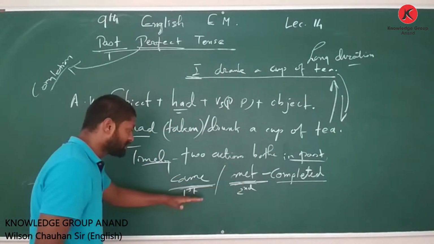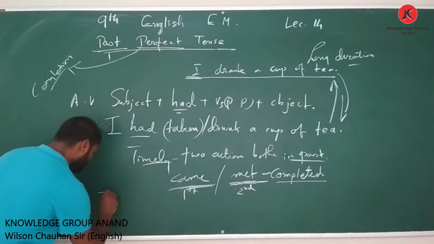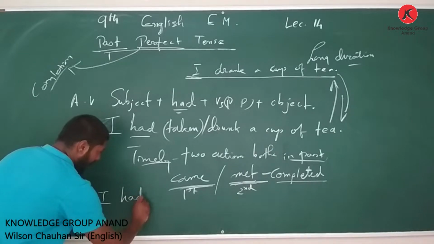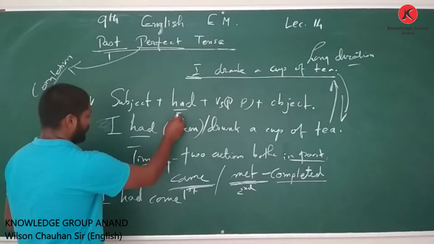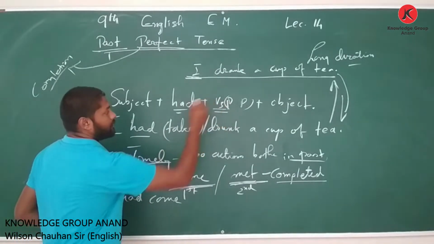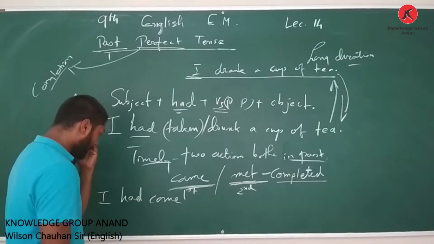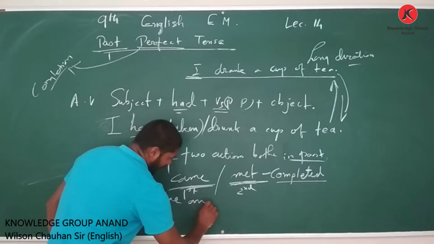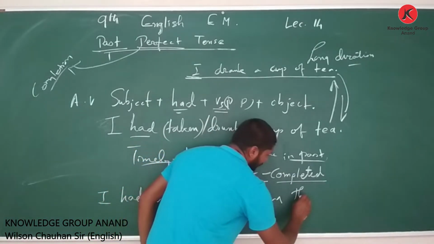Let me now use both these verbs and frame a sentence. So I had come, because past perfect would say come, came, and again come. So therefore I had come and met him there.